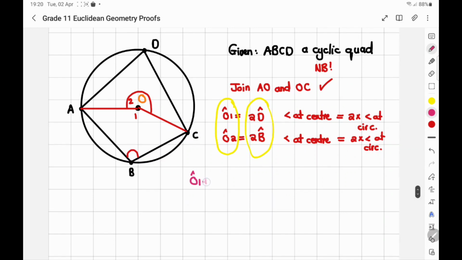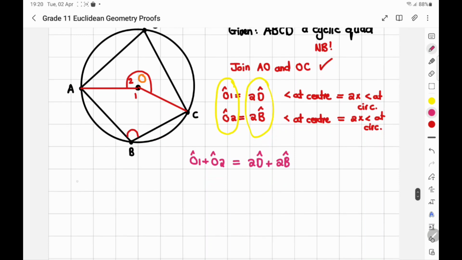So O1 plus O2 is equal to 2 angle D plus 2 angle B. I explained it in class, but if you are interested, if you've got 5 is equal to 3 plus 2, as well as 6 is equal to 5 plus 8, can you see if you add those together, it will add up on the other side as well. That is the algebra that I'm applying over here.